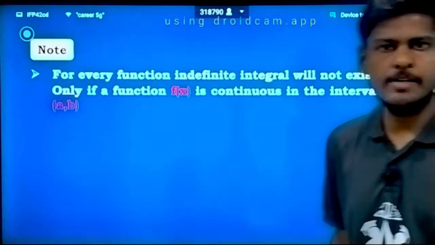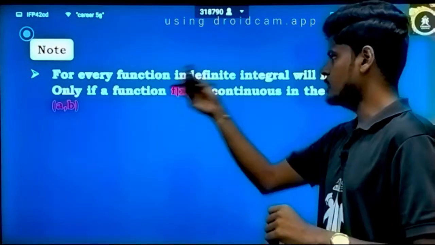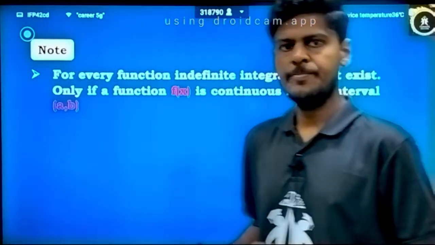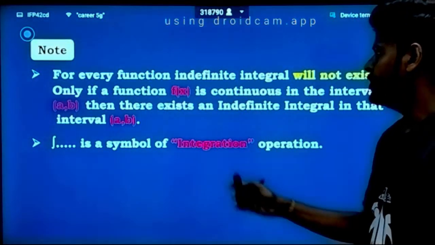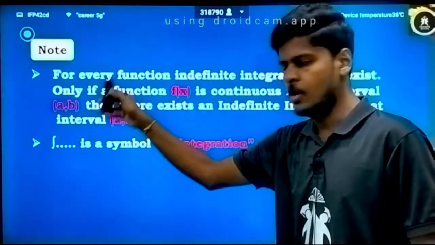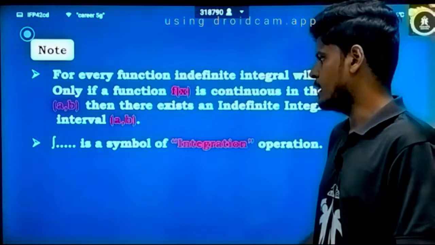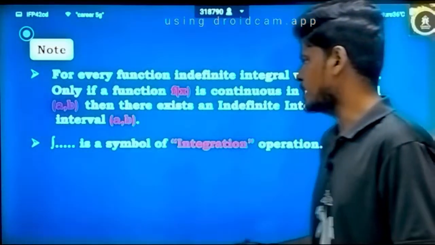So for finding integral values, the function should be continuous as well as differentiable. It should be continuous in the interval where we have to find the integration. If the function is continuous in some open interval a to b, then we can find the indefinite integral value. This symbol is called the integration operation or symbol of integration.